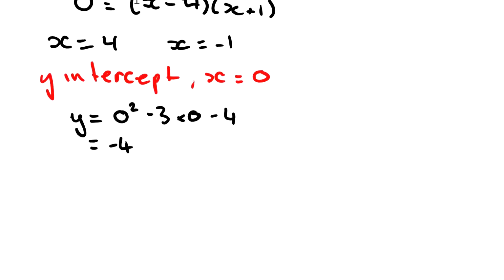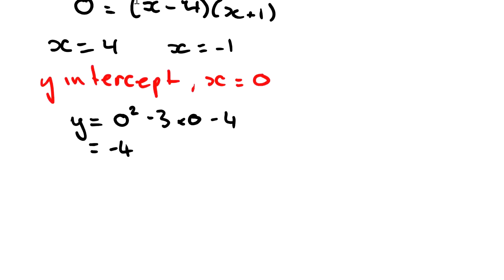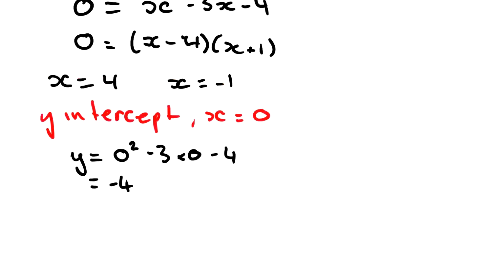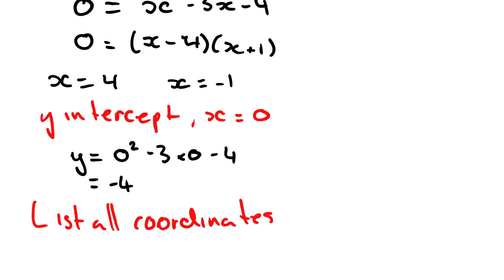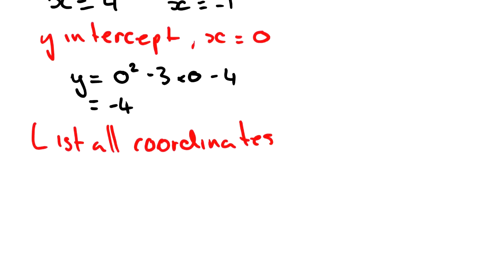At this point, we've got a lot going on. We should list all the coordinates we just found, otherwise it can get messy and we might miss something. The first coordinate we found was our stationary point, at (1.5, negative 6 1/4), and this was a minimum turning point.